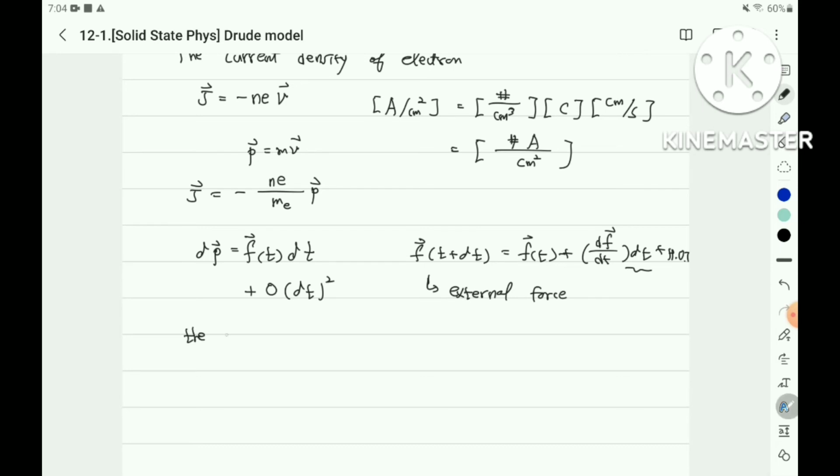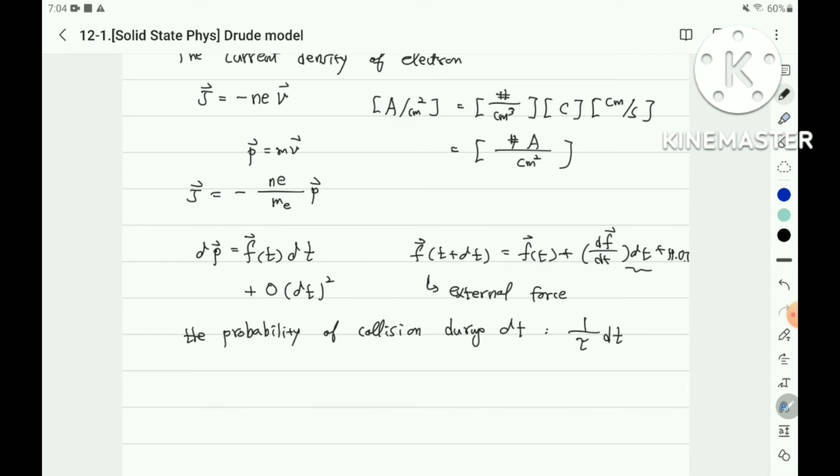The probability of collision during delta t: the collision rate is 1 over tau per unit time, but in delta t, the probability of collision should be multiplied by delta t.